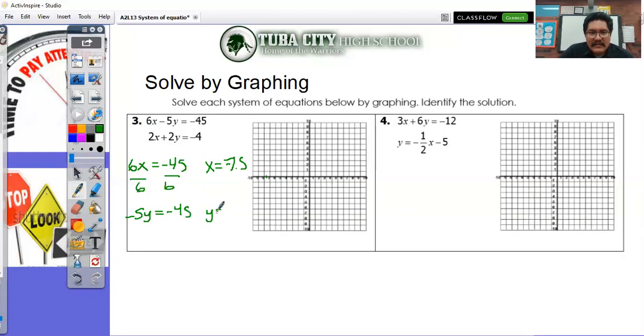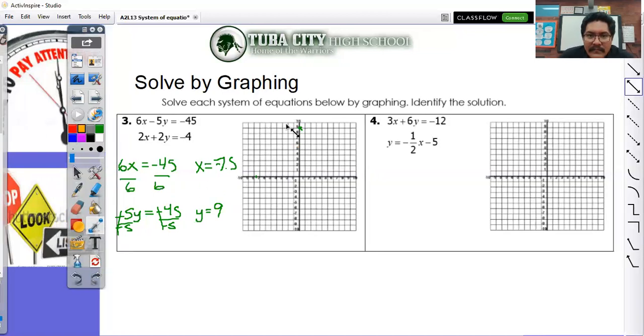So y equals 45 divided by 5, which is 9. Now they're both negative, so if I divide by a negative, the negatives cancel out, so I don't have to worry about the negative anymore. And that means it's going to cross up here.